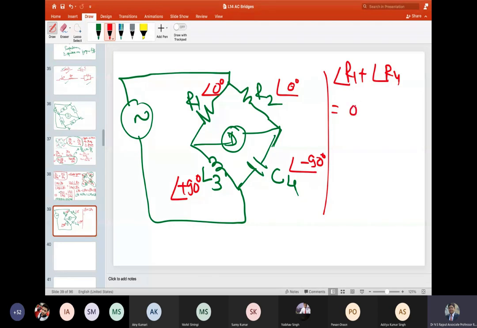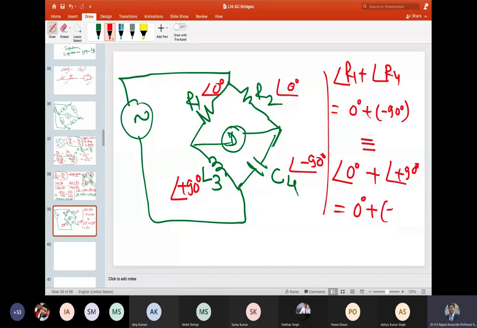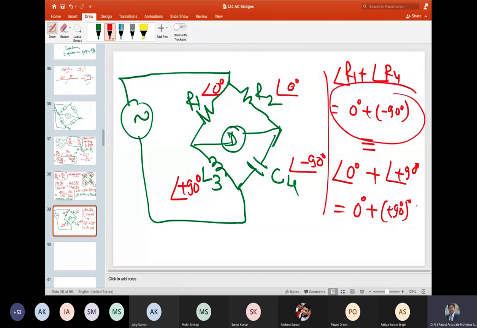So that is your 0 degree minus 90 degree, right? And this must be equal to another angle 0 degree plus another angle plus 90 degree, which is equal to 0 degree plus 90 degree, right? So now you can understand that by any means these two are not going to help us.